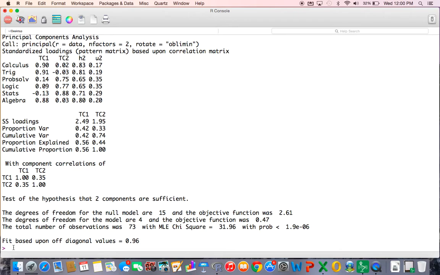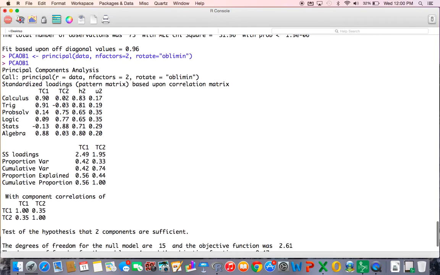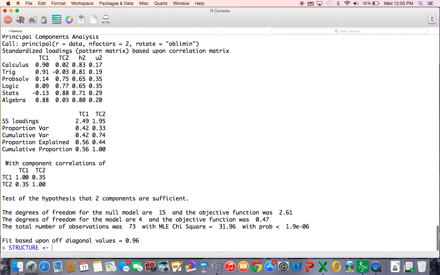This is quite a lot to type, and I have to write it down. So, what did we call this? PCA OB1. So PCA OB1, and we want to look at our loadings.